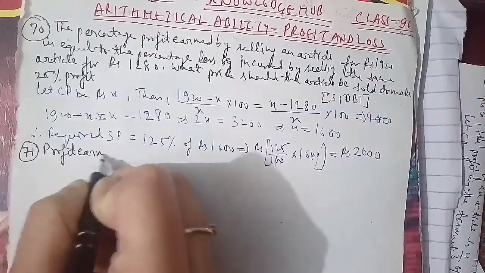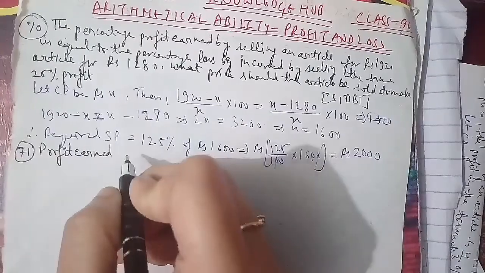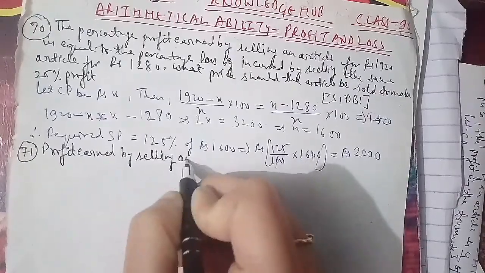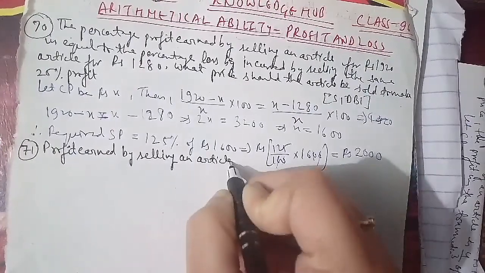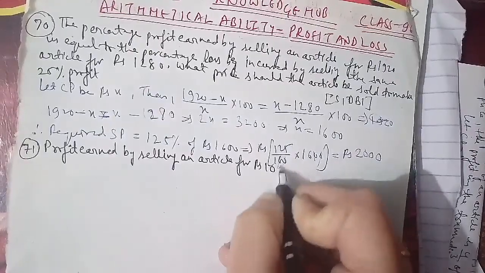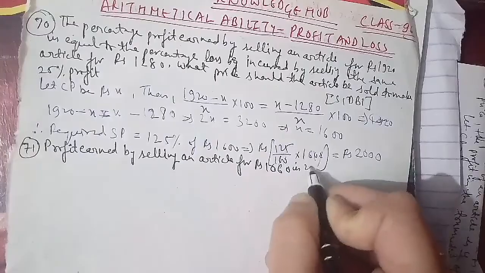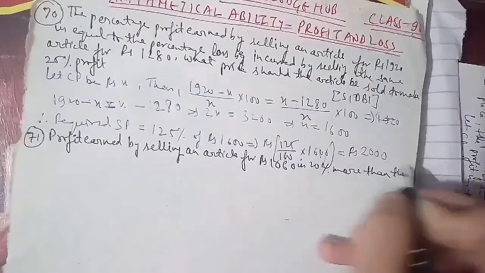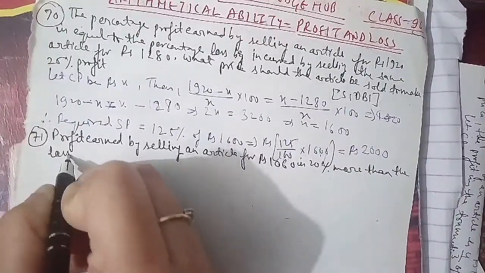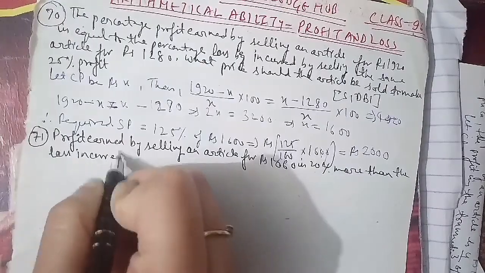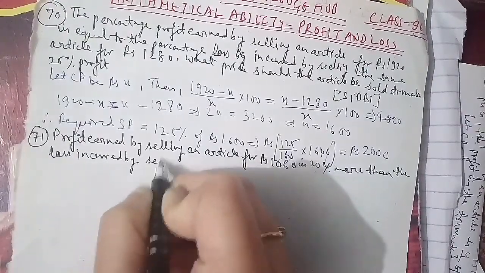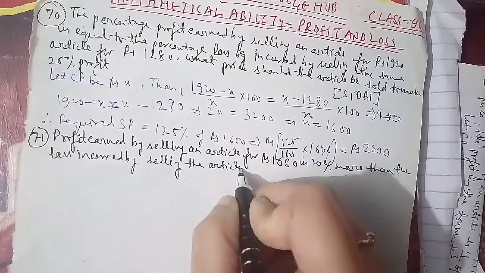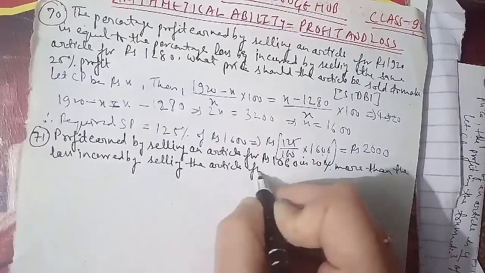Profit earned by selling an article for rupees 1060 is 20% more than the loss incurred by selling the article for rupees 950.